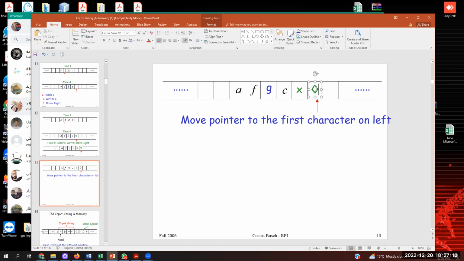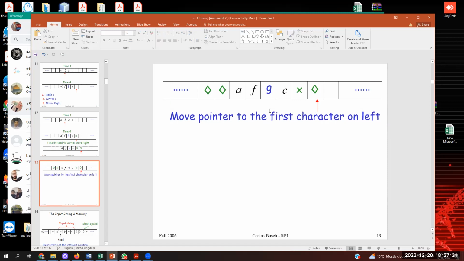Okay, now I know that before I have data, all of these will be blanks. This is blank, this is blank. That's how my data is, blank, blank, blank. When I finish, then I will have blank. So here is what I will do.